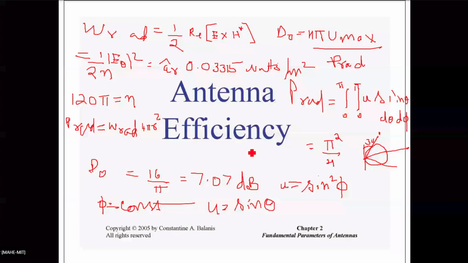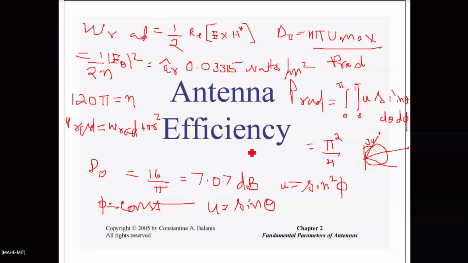I'll give one more problem. Just wait 1 second.